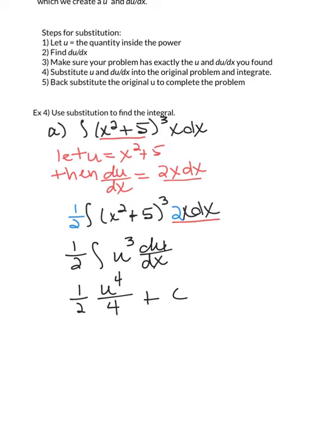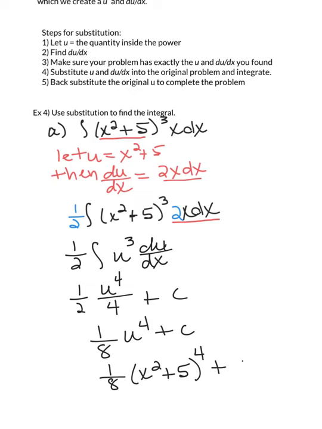So now we have 1/8 times u to the 4th plus c. We are not done until we put back x variables instead of u. So we take out that u and replace it with what we said it was originally, the x squared plus 5. That's being raised to the 4th plus c.